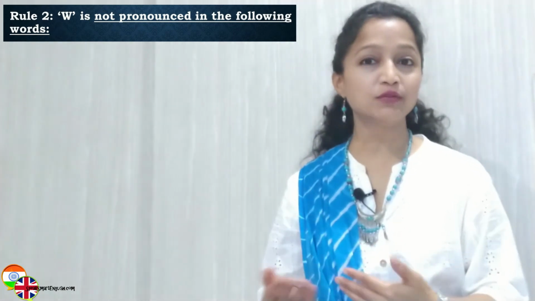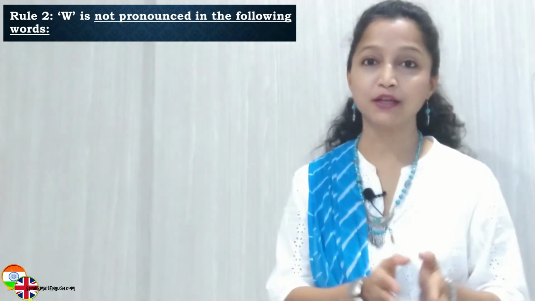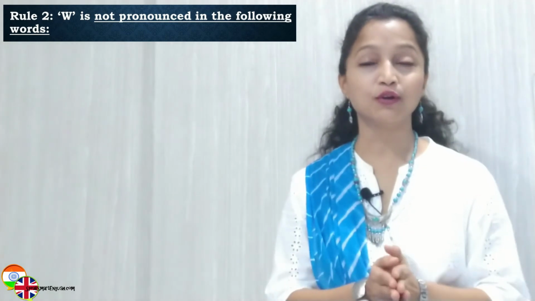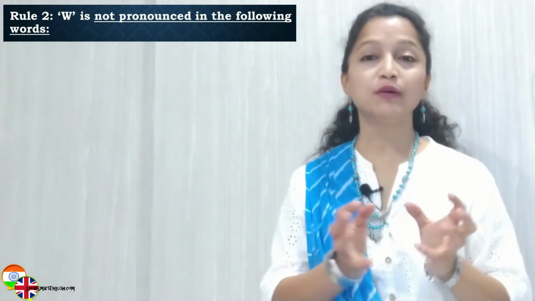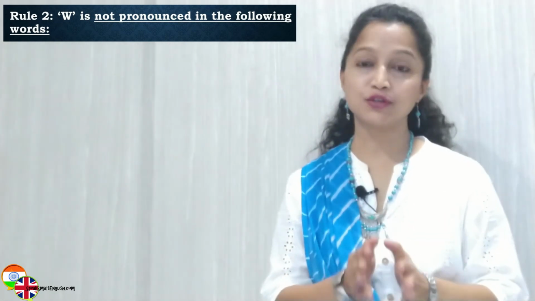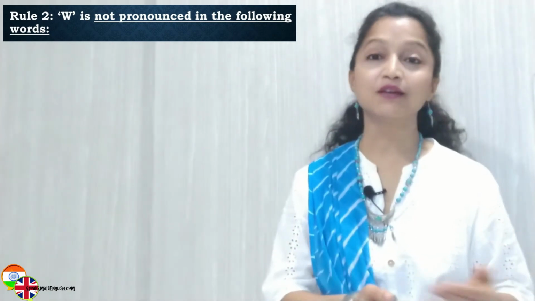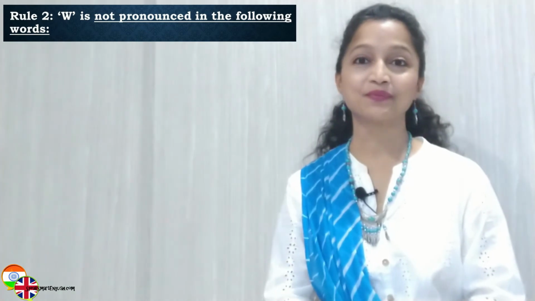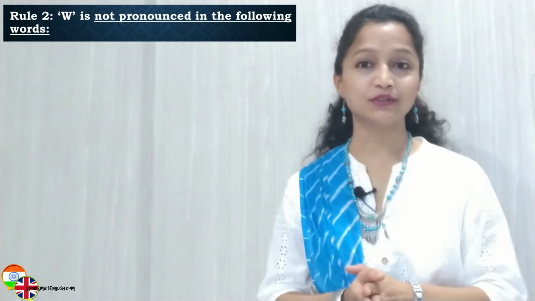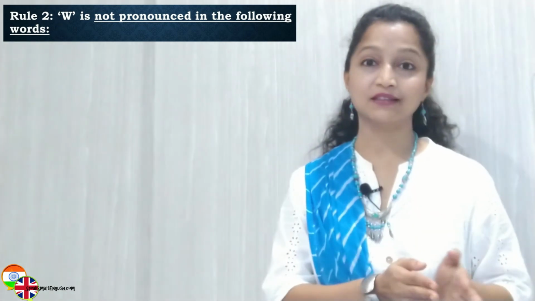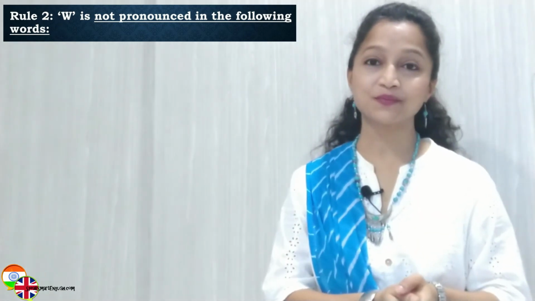Before I talk about these words, I would like to remind you that in the first part we saw that in case of WH words, generally the H is silent, like what, when, where. But there are some WH words in which W is silent. And which are these words?